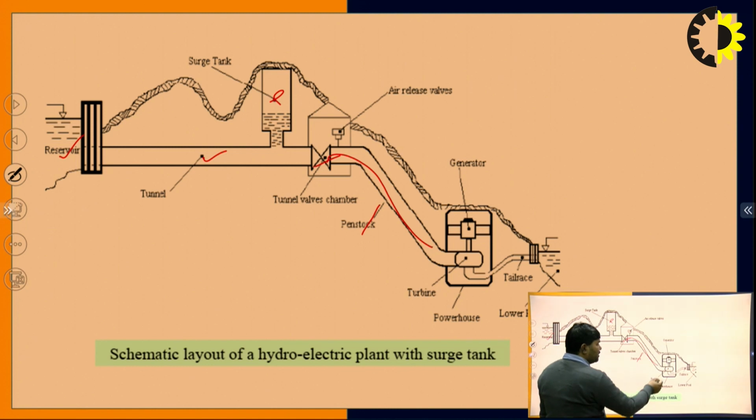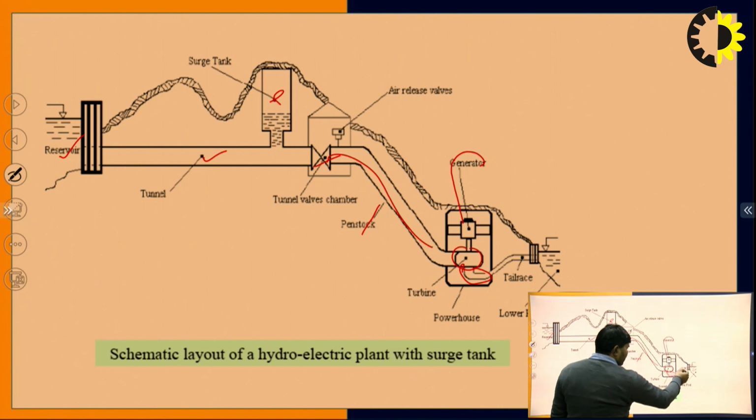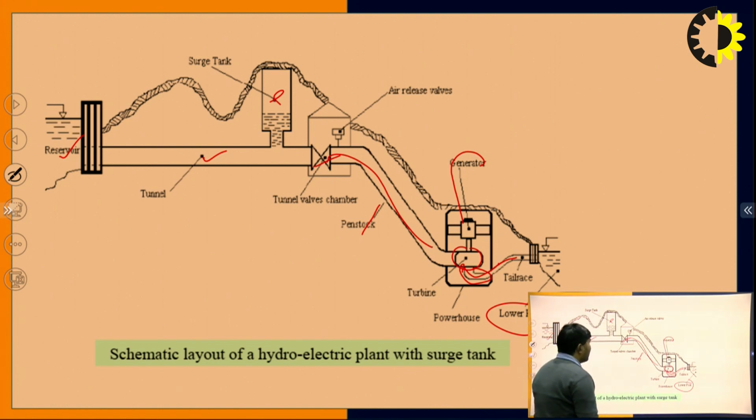Here is the turbine, the draft tube, and the generator on one part, and here is the tail race. After the draft tube, the water from the tail race comes to the lower pool. These are basically the schematic diagram of the hydraulic power plant with the surge tank, and I will discuss the purpose of the surge tank later.